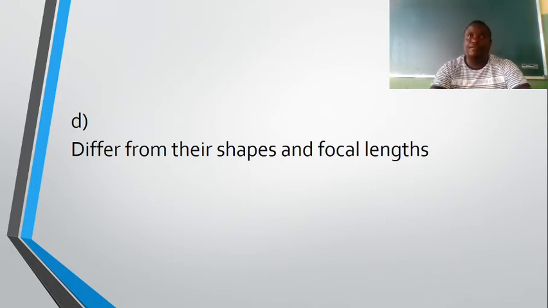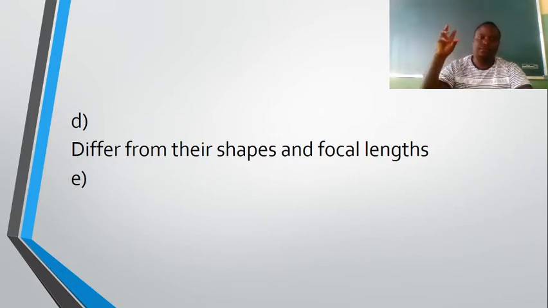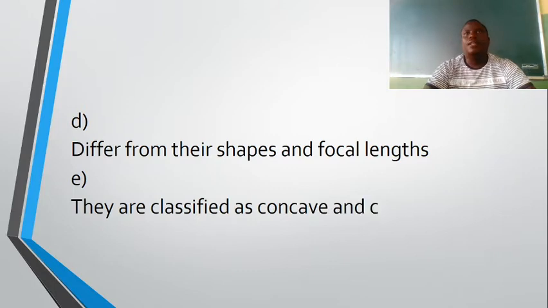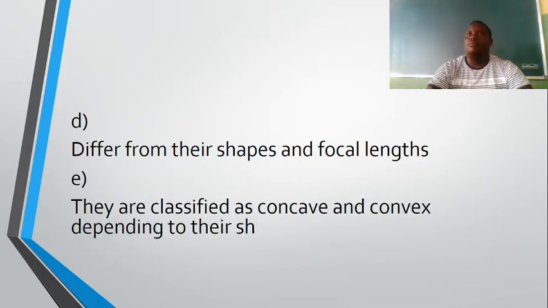Mirrors are spherical, and the lenses will also be spherical. So the shape affects their differences, and their focal length affects their properties and differences.